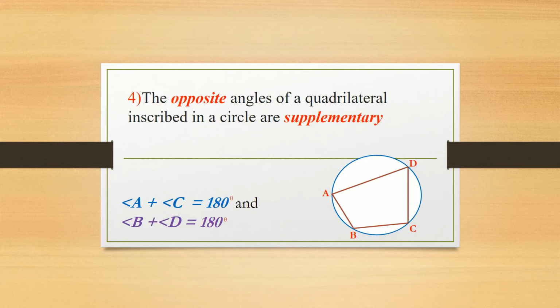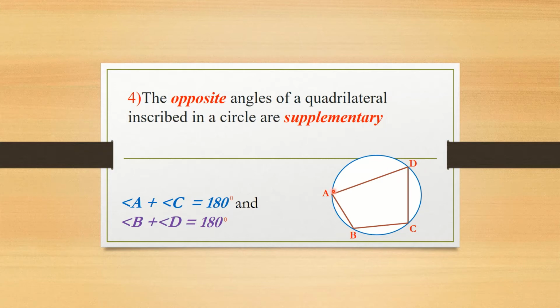Concept number 4, the opposite angles of a quadrilateral inscribed in a circle are supplementary. For sure you know what it means. Quadrilateral, a 4-sided figure. Look at this figure.